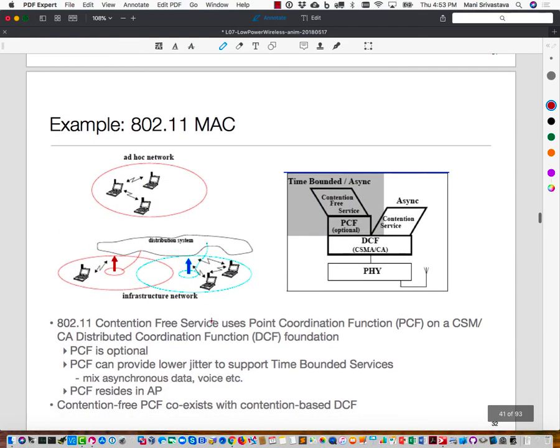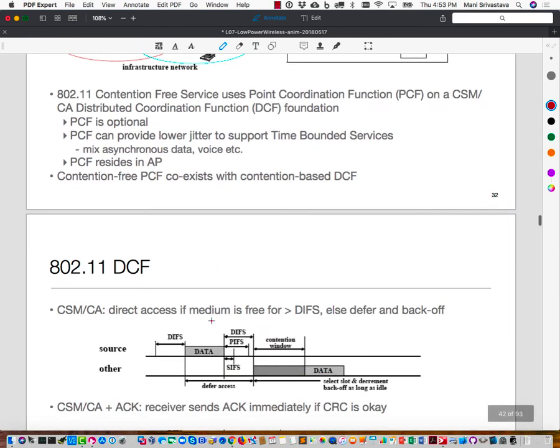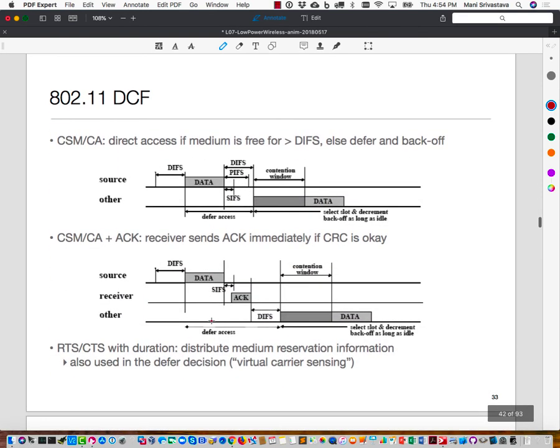So these are all the things that MAC protocols can do, and we saw some of them. Let's revisit 802.11 a little bit again. Previously we saw that 802.11 had this contention-based approach, which was based around carrier sense multiple access with collision avoidance. That's a technical buzzword that they use, but you would recall this figure that we had seen previously, which is we wait for the channel for a bit of time, and then go and send the data.